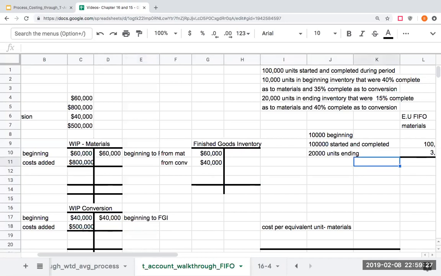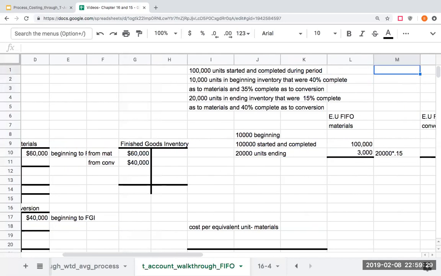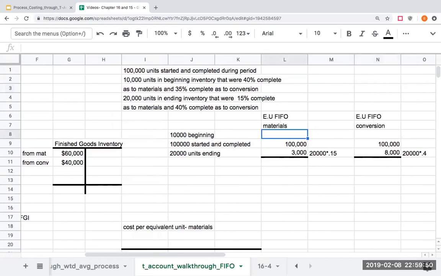So when we're looking at the equivalent units under FIFO in terms of the beginning units, if these were already 40% complete as to materials, well, guess what? We ship those beginning inventory costs directly to finished goods. So what I have to say to myself is, okay, I've got these 10,000 units here that were 40% complete.